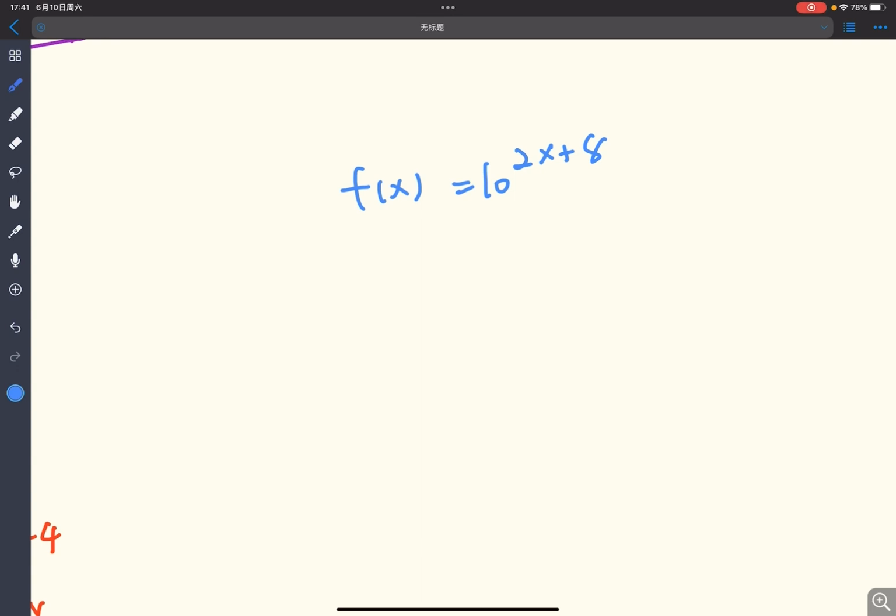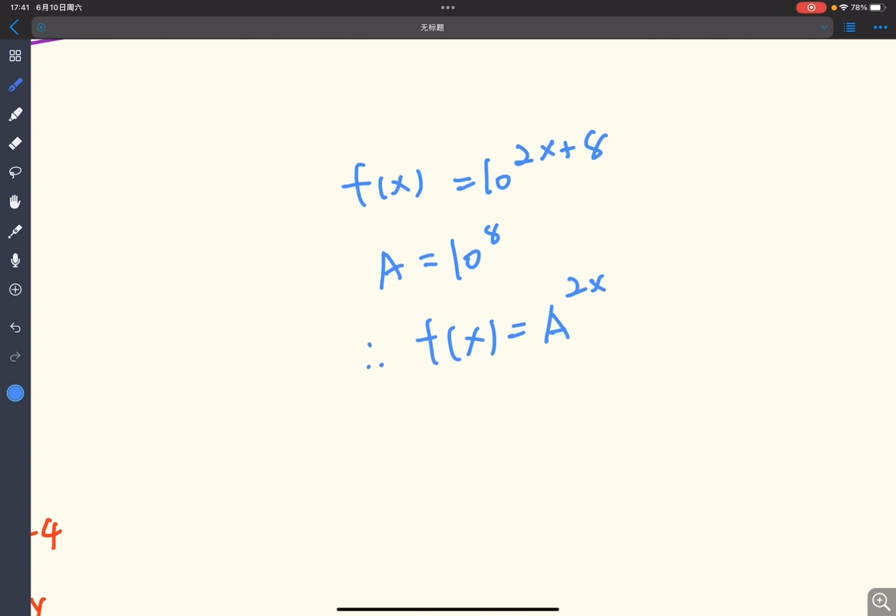Let's denote it as a new constant, a equals 10 to the power of 8. So the equation can be rewritten as f(x) equals a to the power of 2x, where a is a constant equal to 10 to the power of 8.